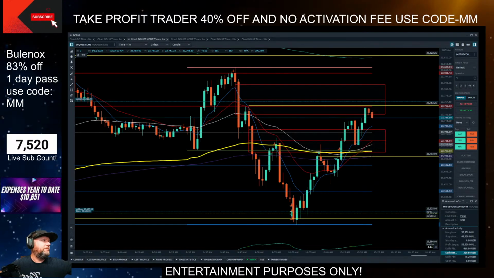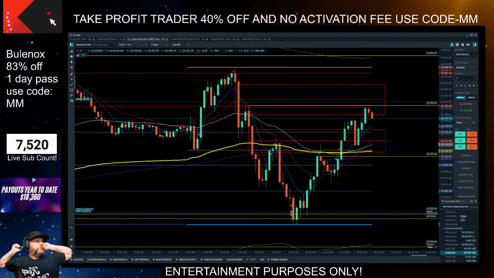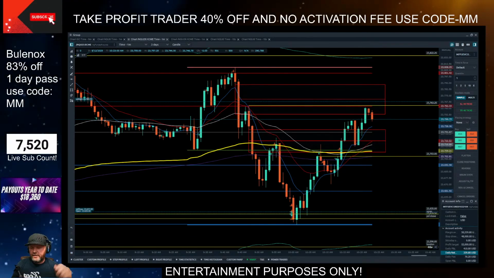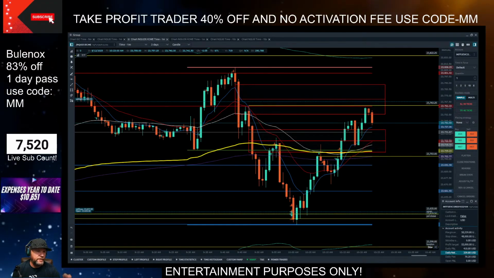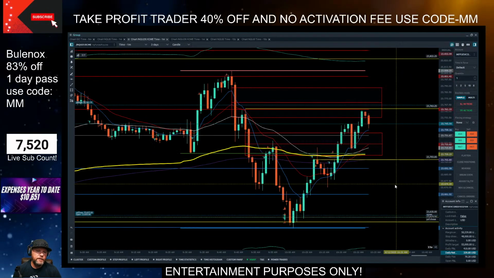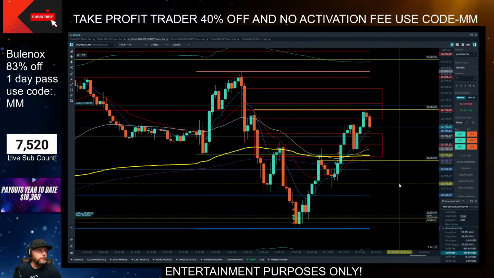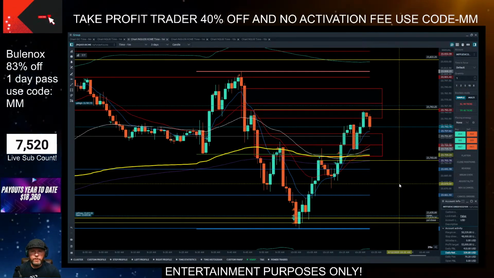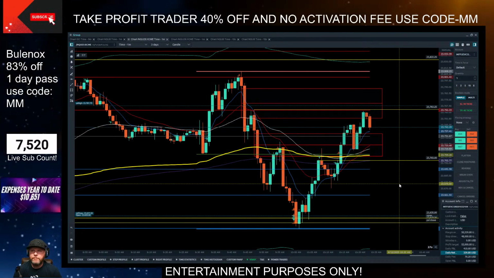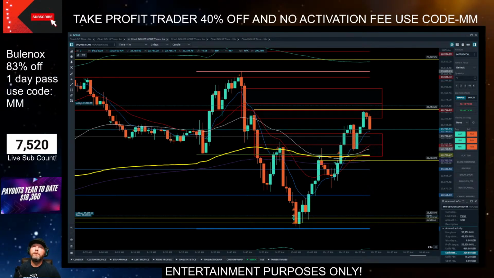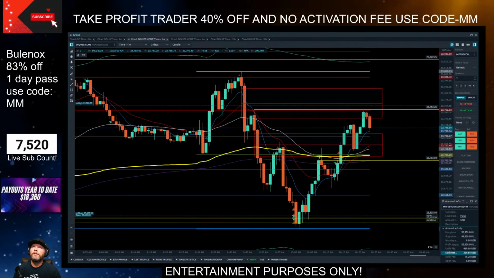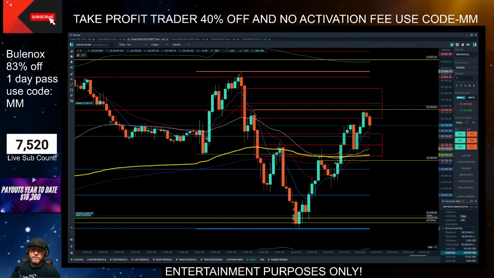Nice job, TechT. How do you remove old accounts from Quantower list? It depends on who it's through. If it's Take Profit Trader, you have to DM them or message them through the live chat, and they will get those removed for you. If it's through Bluesky or anybody else like that, you have to cancel them on the dashboard and then cancel them in the system. Glad you said that, because let me look at Apex right quick.